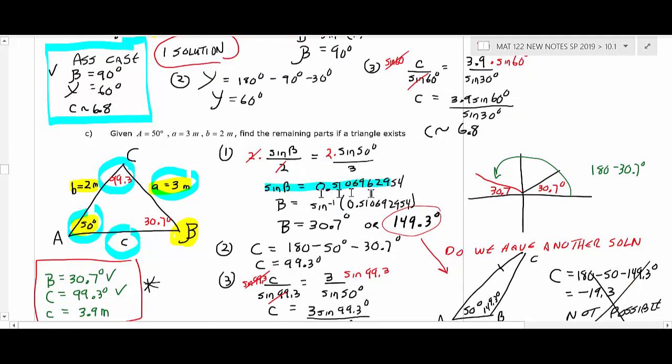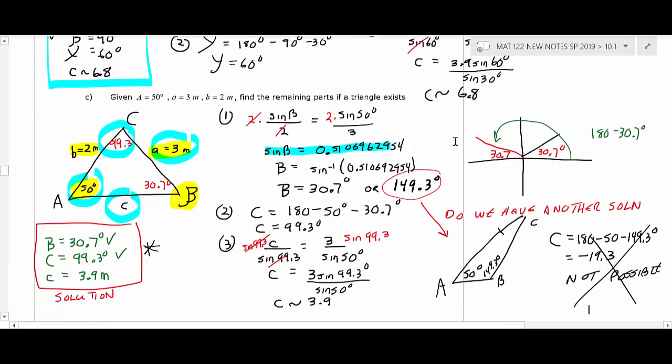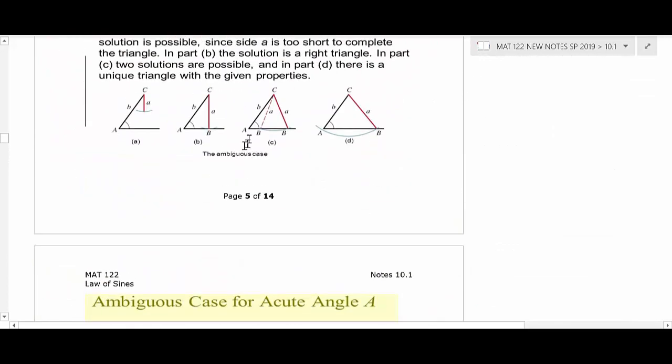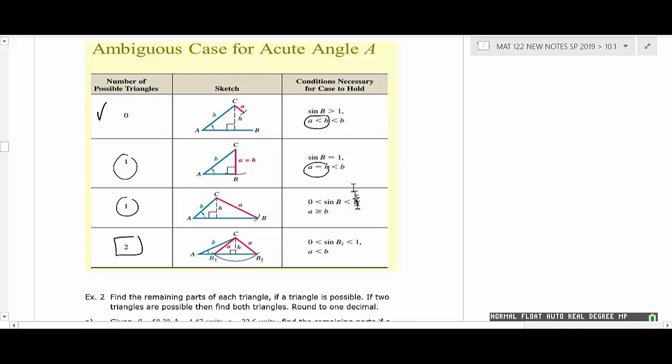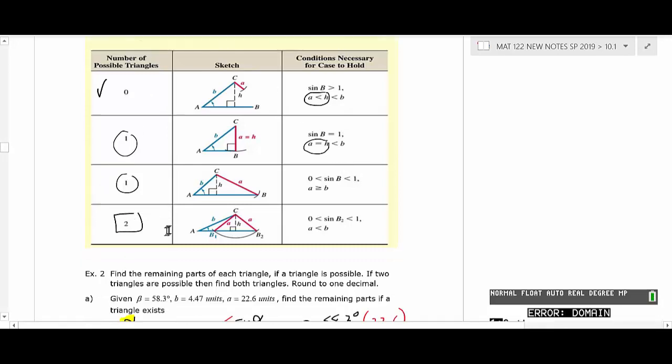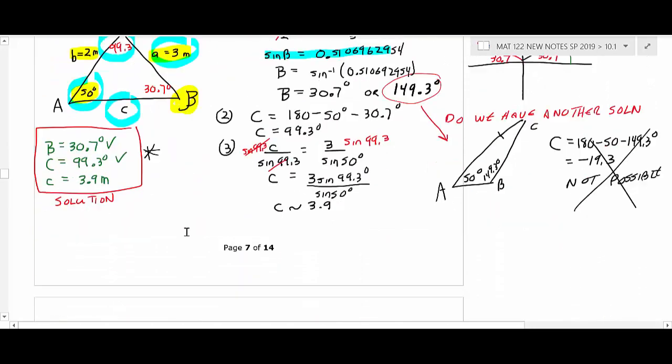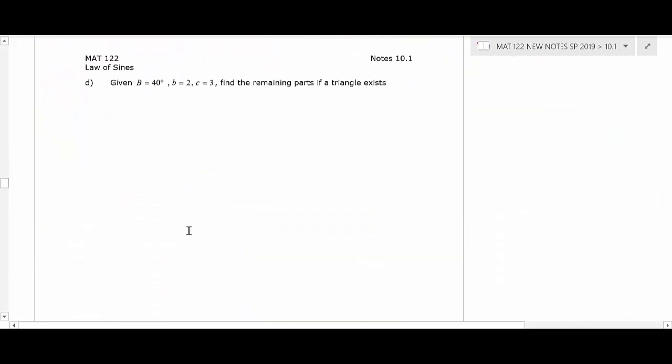So notice on here, this statement is between 0 and 1. Okay, and this side A is bigger than that side B. So that's why it turned out to be that way. Again, you don't have to know this stuff. I'm not going to require you to know that. You can look that up if you want to, but I just say do the math and let the math lead you to the answer.